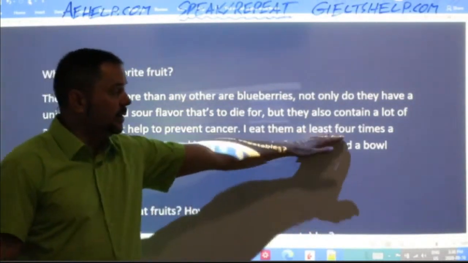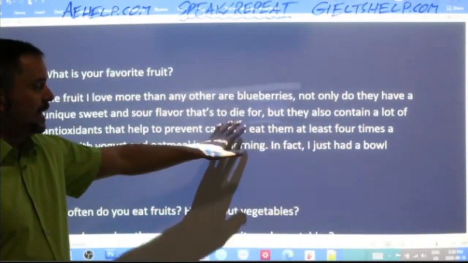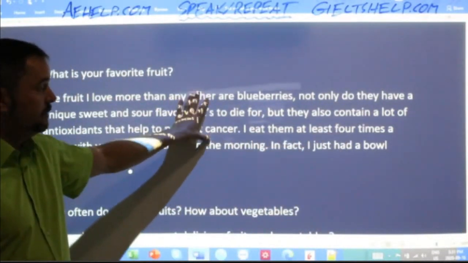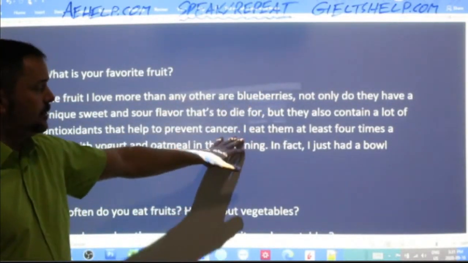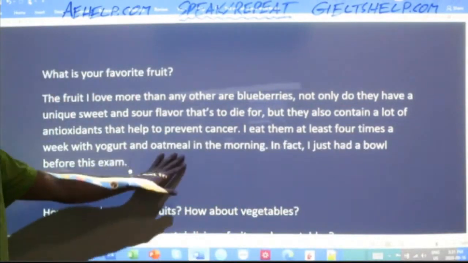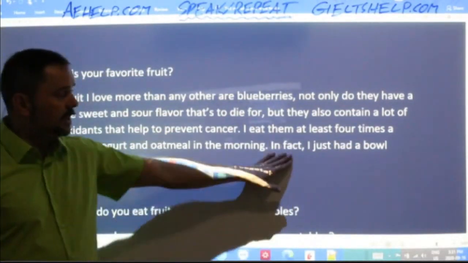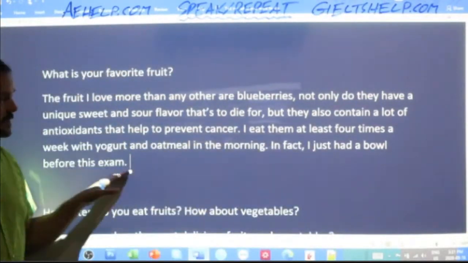And then here, I'm using some quantitative information. So I'm not only telling the person that, hey, it's my favorite fruit, blueberries, but also giving them an idea of how much I really like them. I eat them 4 times a week with yogurt and oatmeal in the morning. And then quickly, I don't say for example, I just say, in fact, I just had a bowl before this exam.